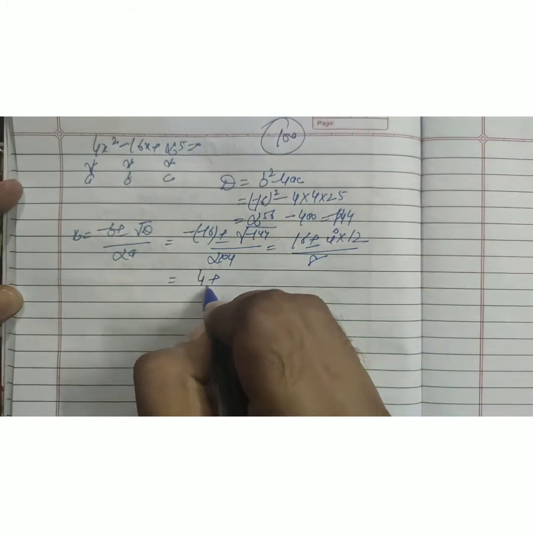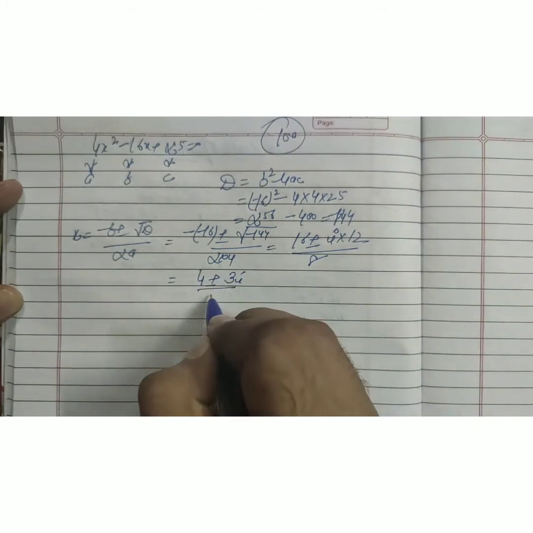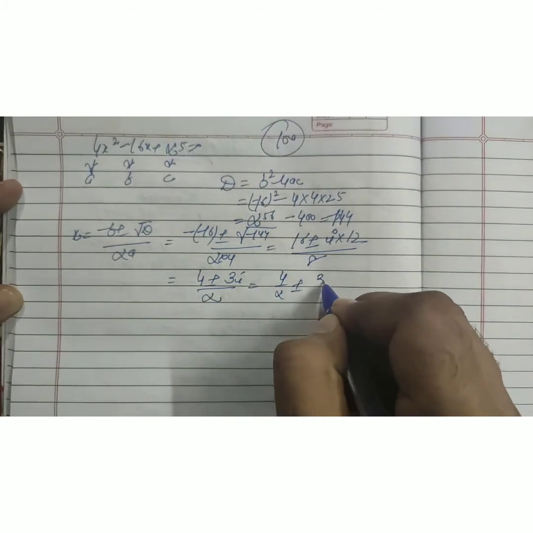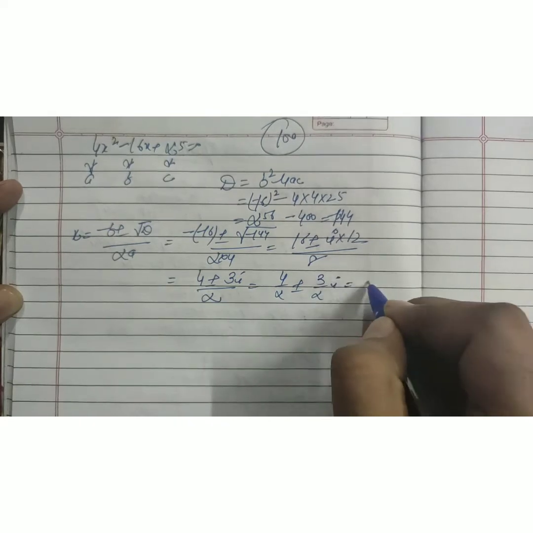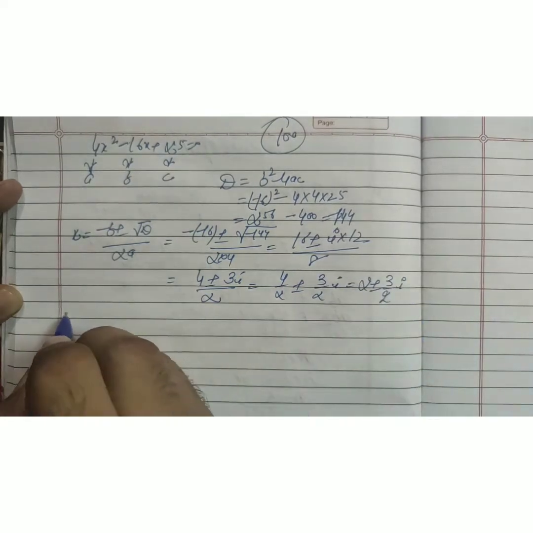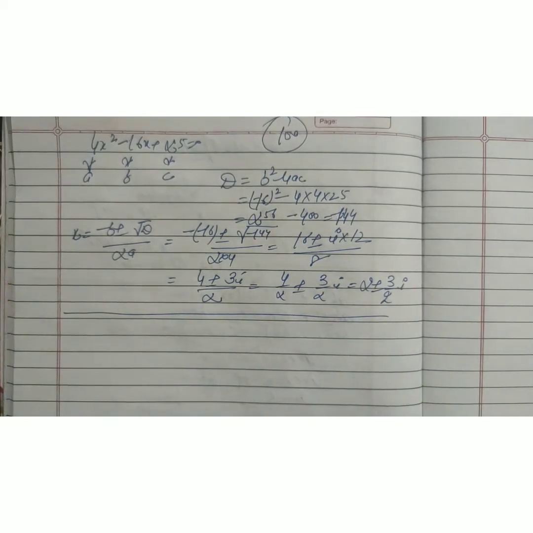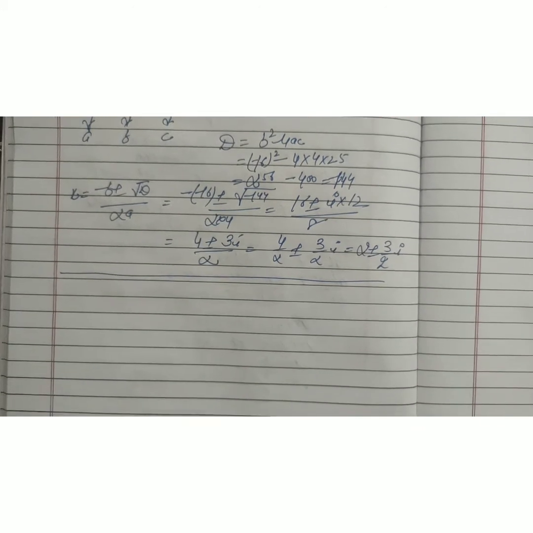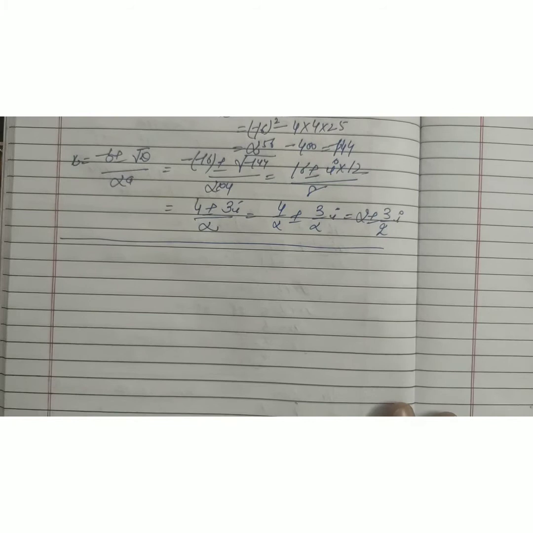We get 4 4s are 16, 4 3s are 12, and 4 2s are 8. If we make it separate, 4 by 2 plus minus 3 by 2 iota, overall it becomes 2 plus minus 3 by 2 iota. These are known as imaginary roots. Otherwise we can say not real roots, which we left out in class 10th. Now we are going to do this with the quadratic formula.